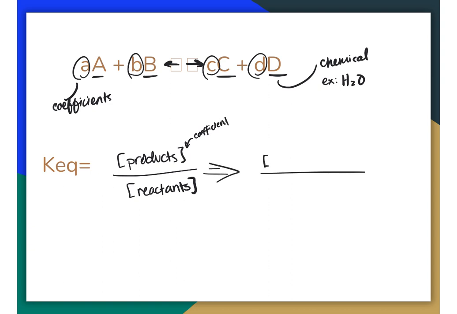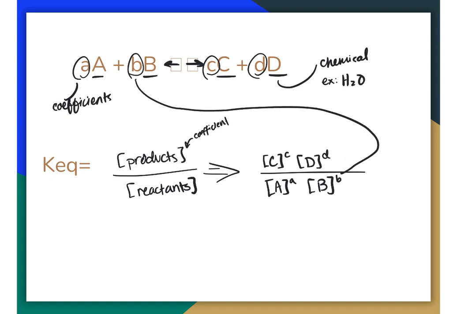I would have the concentration of C to the c power times the concentration of D to the d power, all over A to the a power and B to the b power. So essentially these small numbers are what are going in the exponent. The big letters are the chemicals that we're looking at.